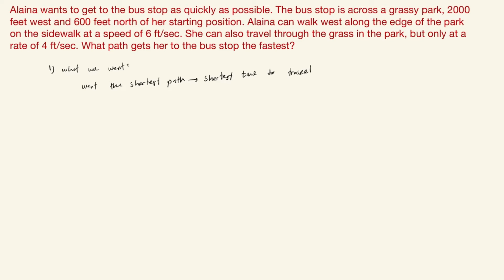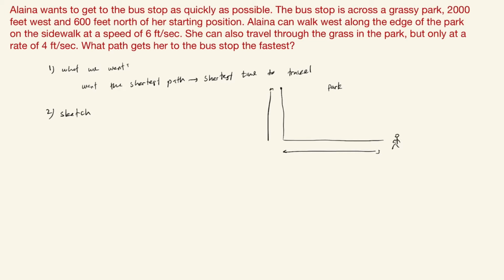Now for step 2, we're going to sketch this problem. We start with Alaina, and then I'm going to draw the sidewalk of 2,000 feet, and then I'm going to draw the park.